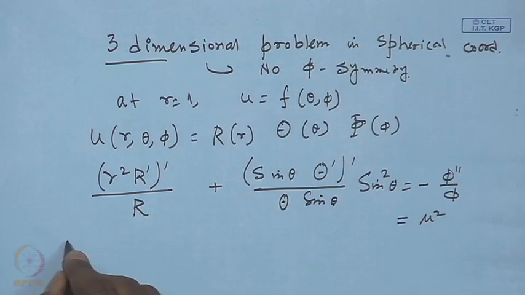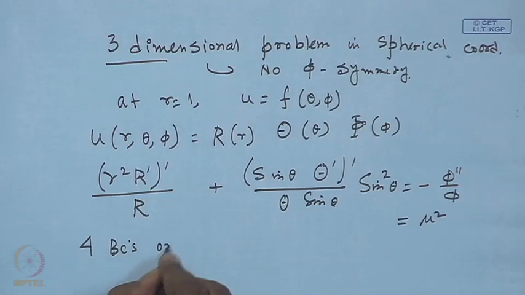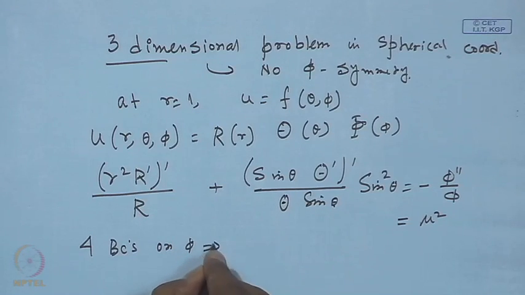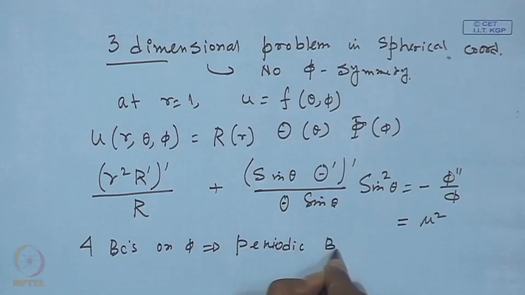So, we have 2 boundary conditions on phi. These are the periodic boundary conditions.